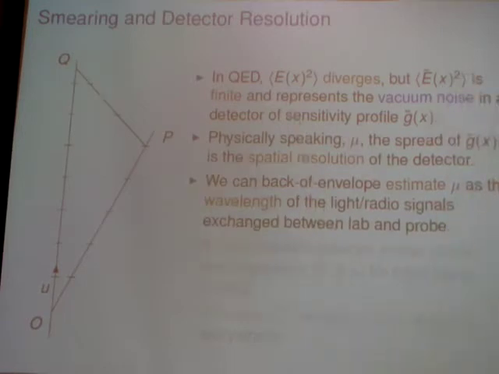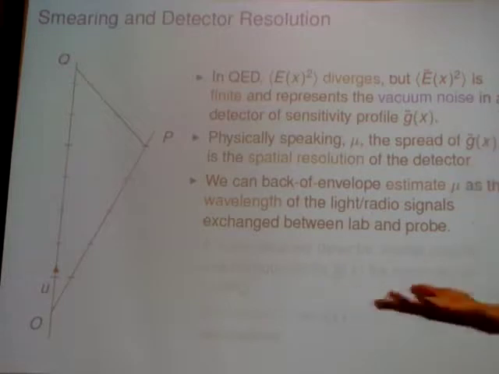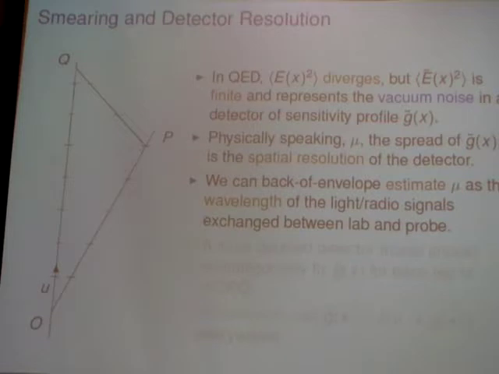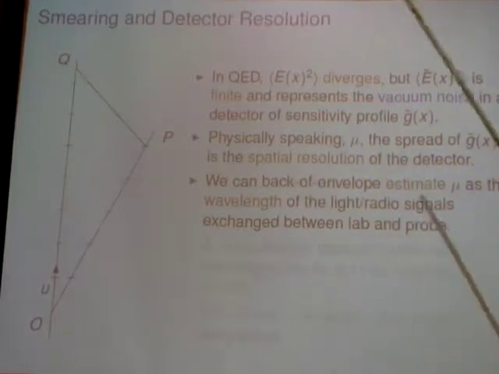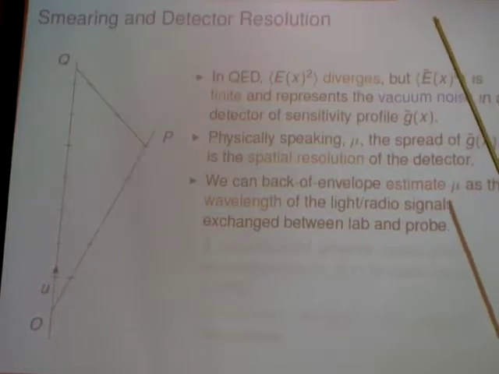And the only way to do it is to have a sufficiently detailed model of the experimental apparatus that you're going to use. So I'm not going to go down that road. All I'll do is assume that there is some smearing function that is correct in this context, and the only thing I will need to know about it is this length scale mu, which tells me how big the length moments computed with respect to this smearing function are.